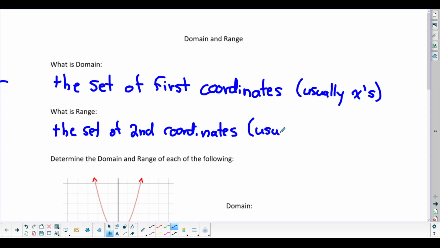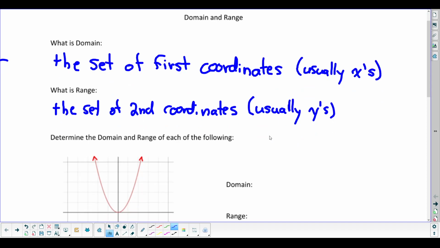So this is usually our y's. If we had a function, say with height and time in it, then time would be our independent variable, so that'd be our domain, and height would depend on time, and that'd be our dependent variable. That would be what our range is describing.